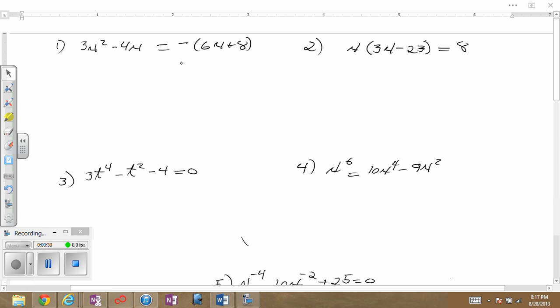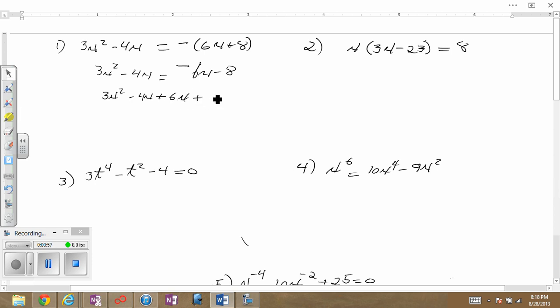So we can distribute this over here, of course. That'd be a negative 6x minus 8. And this comes down. And now it looks like we have some terms we can join up. And we got 3x squared. Looks like we have a minus 4x, but if we pull that negative 6x over, it'll become positive 6x.